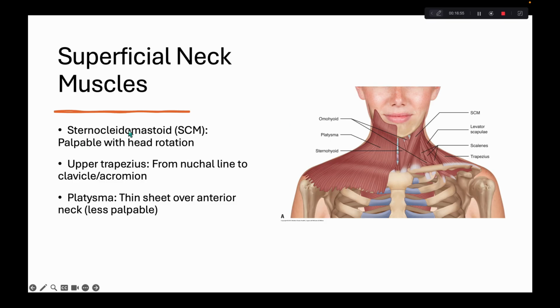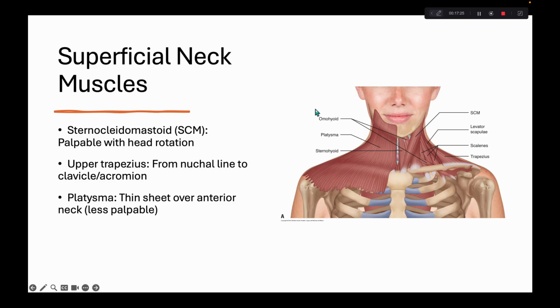Your sternocleidomastoid. We call that the SCM because sternocleidomastoid is really long. You can easily palpate that SCM when you rotate the neck. I've also found that it's easy to palpate on the same side if you laterally flex to that same side as well. Last but not least, we're going to talk about the upper traps, which we've already brushed up on.